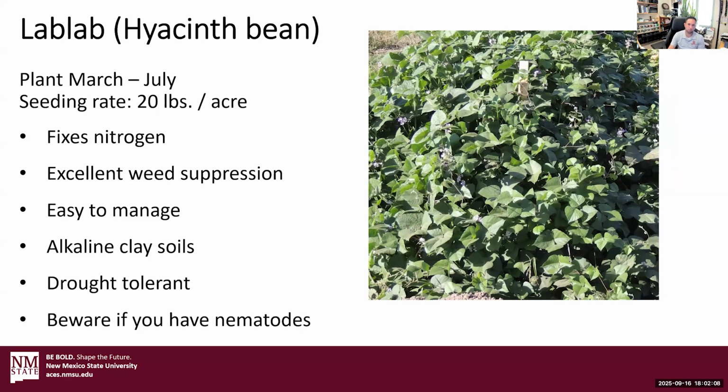Again, this one's pretty easy to manage as well in your alkaline or clay soils. This is very drought tolerant, but you want to beware if you do have nematodes. So unlike the cowpea before, hyacinth bean is really susceptible to nematodes, and so that can be an issue if you do have soils infested with nematodes.